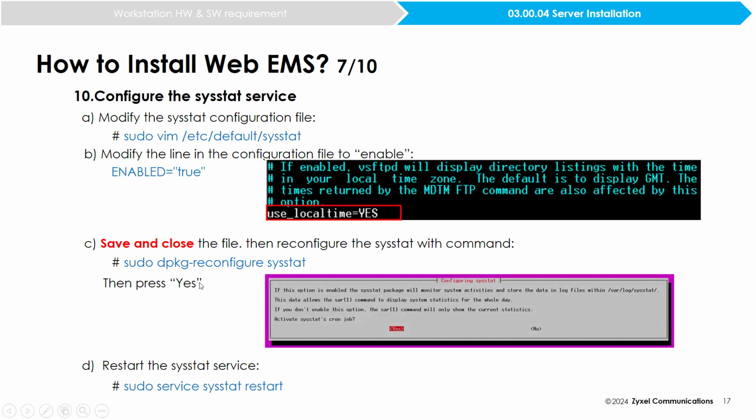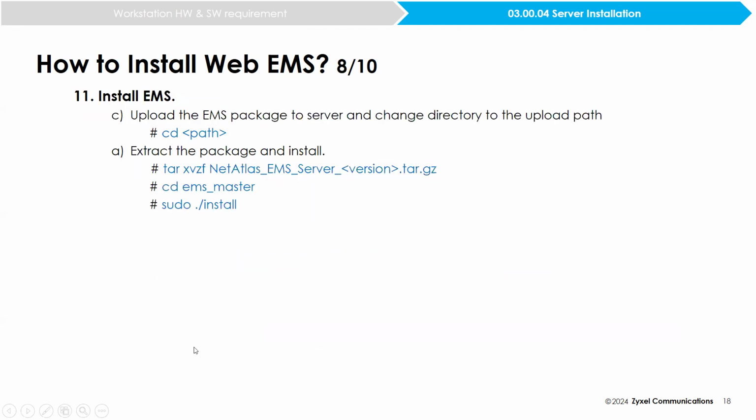Okay, and after that, we leave the editor and type in this command. The output of this command will show like this. We simply select yes from the yes/no question here. And after that, we need to use this command to restart the relevant service as well.